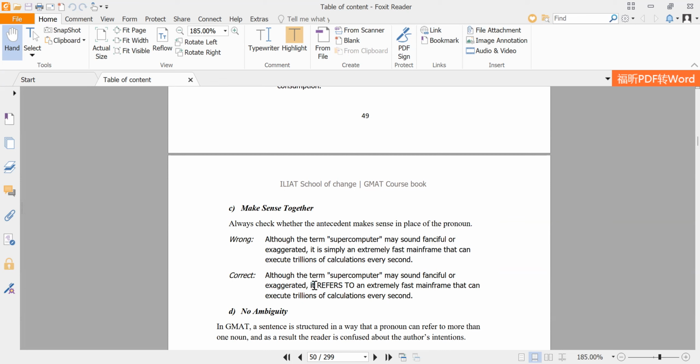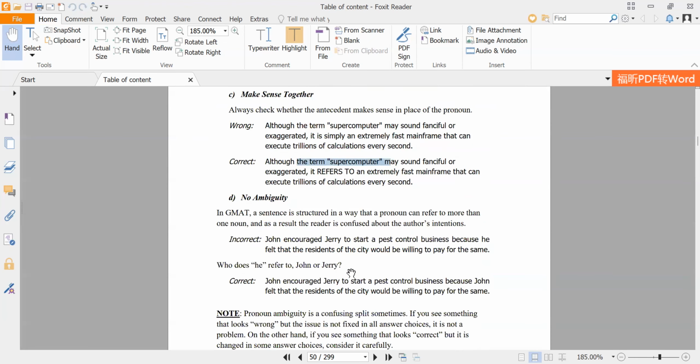But then the verb becomes, this term refers to an extremely fast mainframe. So now we separate what is the thing that can execute trillions. It is the mainframe, not the term, not the name supercomputer itself. So this is something that we have to pay special attention to because GMAT loves to test this kind of logic, this kind of trap.